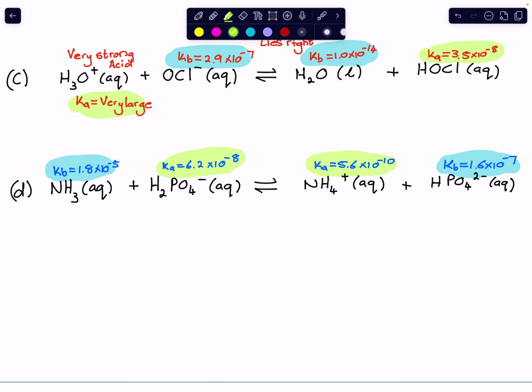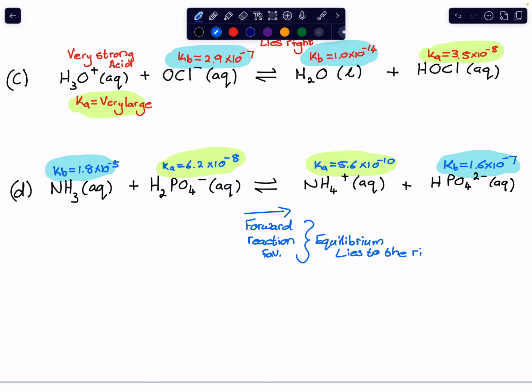That means the left-hand side has the stronger species going to the weaker species, and hence again we have the forward reaction favored, and the equilibrium lies to the right.